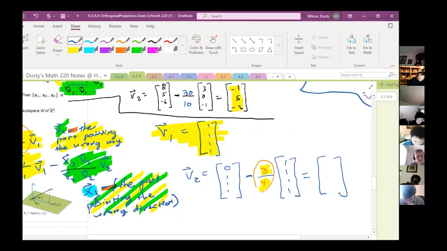I got minus 3/4, 1/4, 1/4, 1/4. And this is going to be my new greenish vector. And sorry, there's not enough colors in the rainbow to make everything perfectly color coordinated.